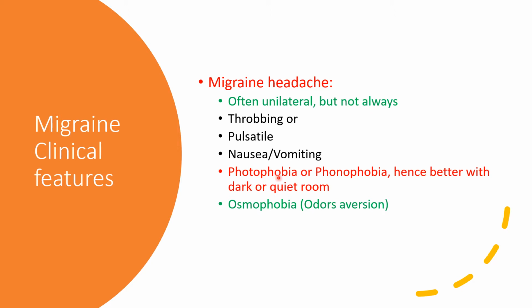Photophobia, they don't want light around them. Phonophobia, they don't want sound. This is not when you turn the surround sound up to the peak of the volume. No. So we look for a dark and quiet room for them. Also, they have aversion to odors.